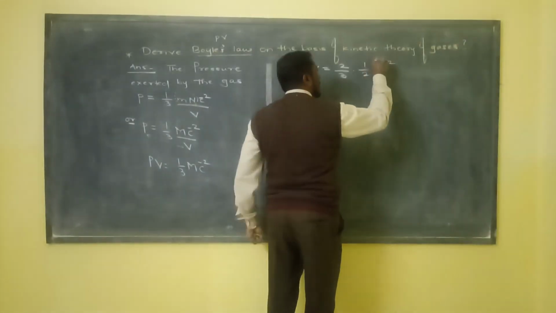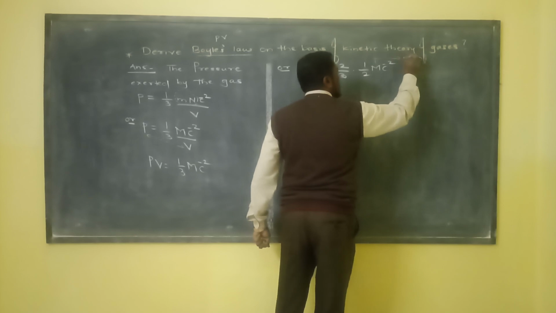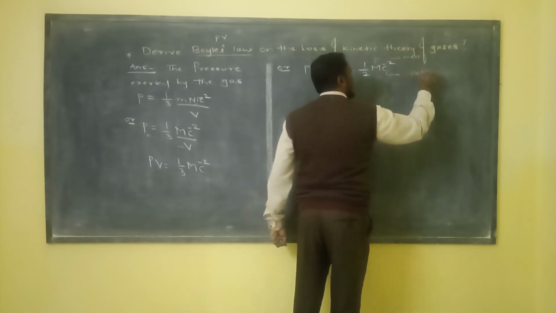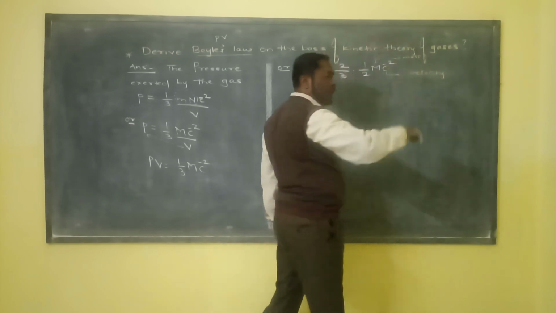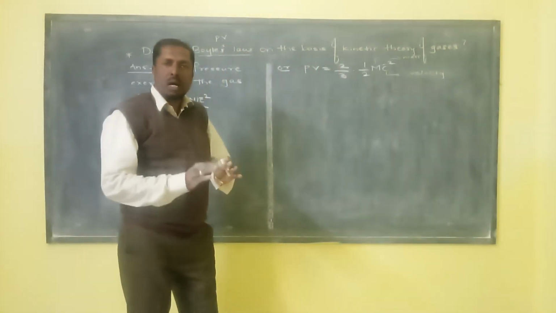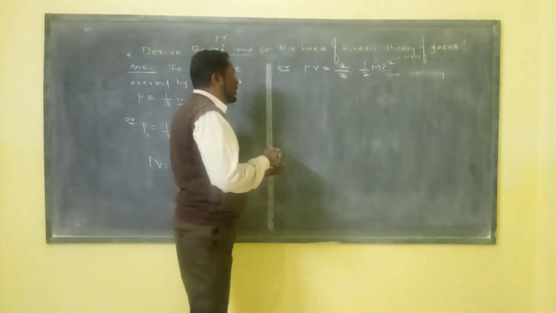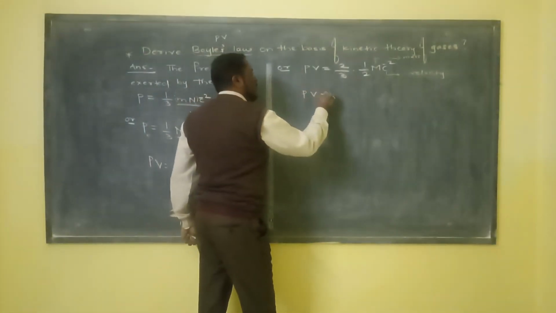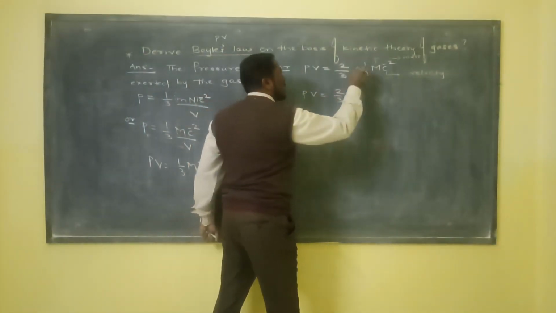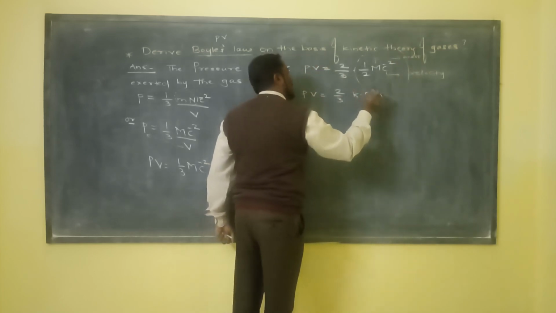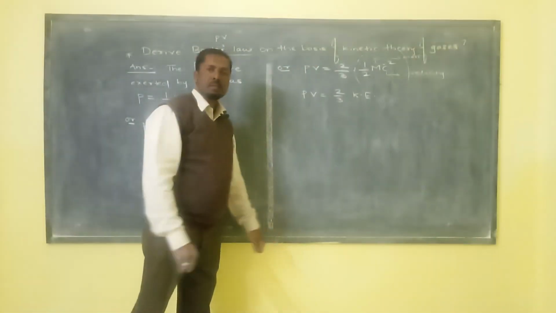M is the mass. What do you understand by C? C is the velocity. From high school level, you are familiar that 1/2 mass into velocity square is the kinetic energy. So PV is equal to 2 by 3 times this factor, which is nothing but the kinetic energy of a gas.